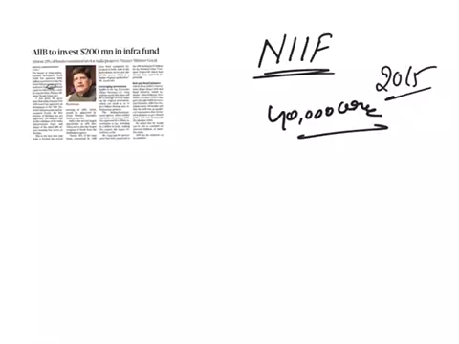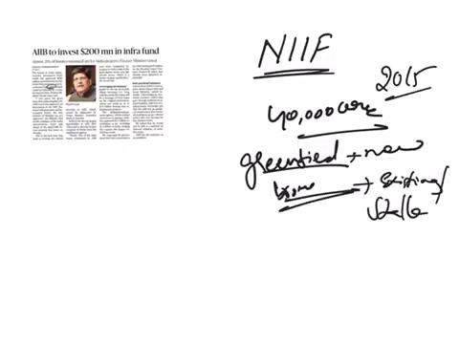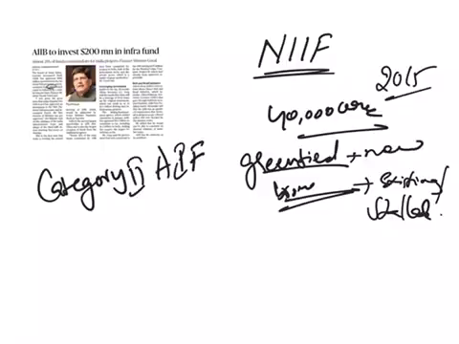The objective of this fund is to maximize the economic impact by developing the infrastructure in both greenfield as well as brownfield projects, which means greenfield in the sense of new projects, whereas brownfield is for existing and stalled projects.